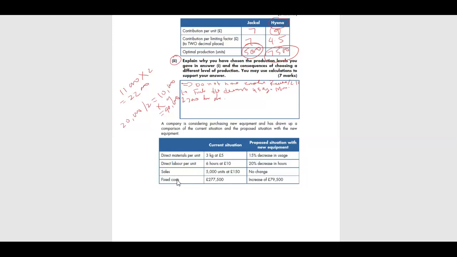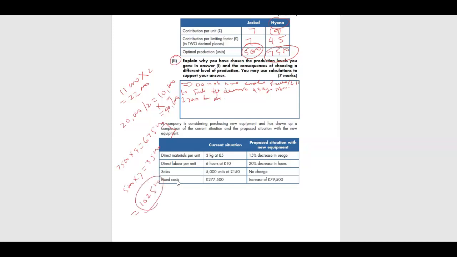So you can say 7,500 times 9 and 5,000 times 7. So that will give you 35,000 and that will give you 67,500. And if you add these two, the total contribution will be 102,500, and that is more than 90,000. So if you decided to make only H, your total profit will be 90,000.